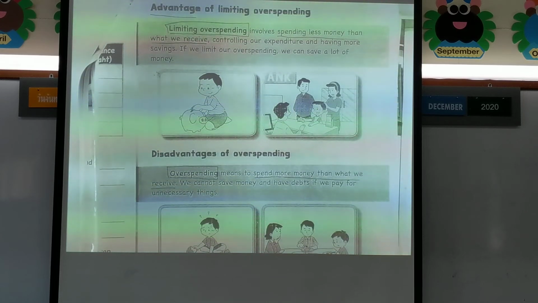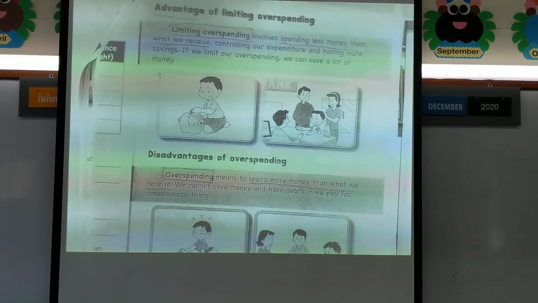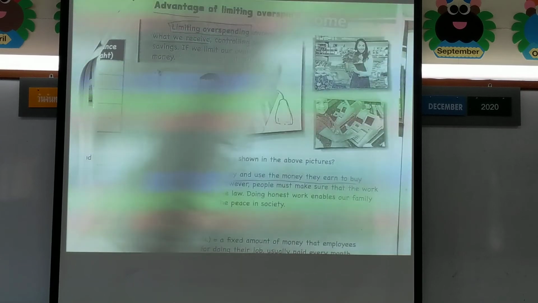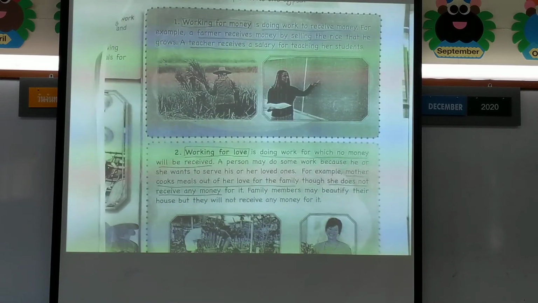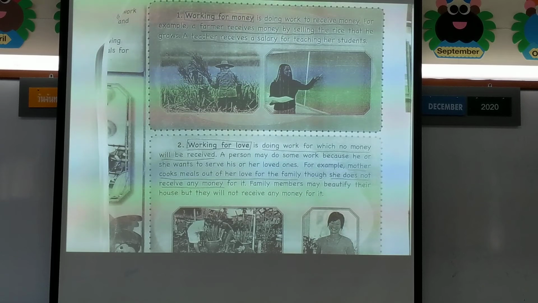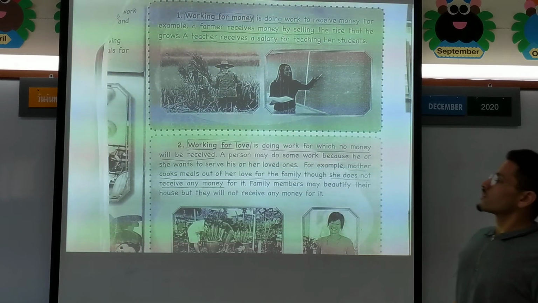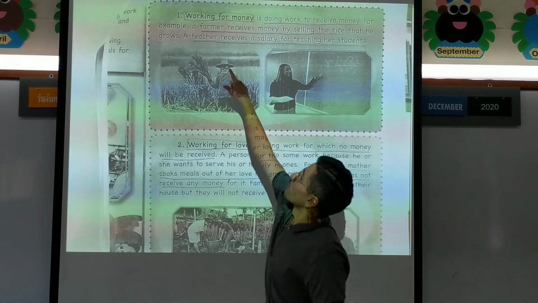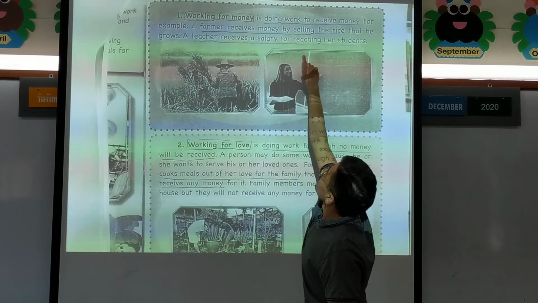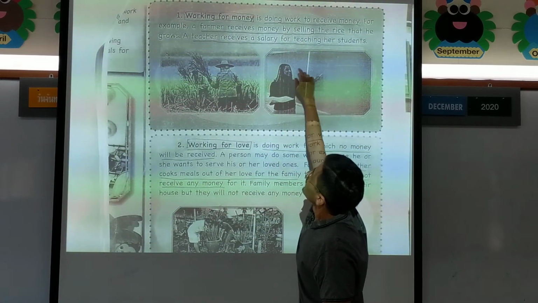Go to page 53. Page 53. So we have two ways we can work. Work for money. Doing work to receive money.